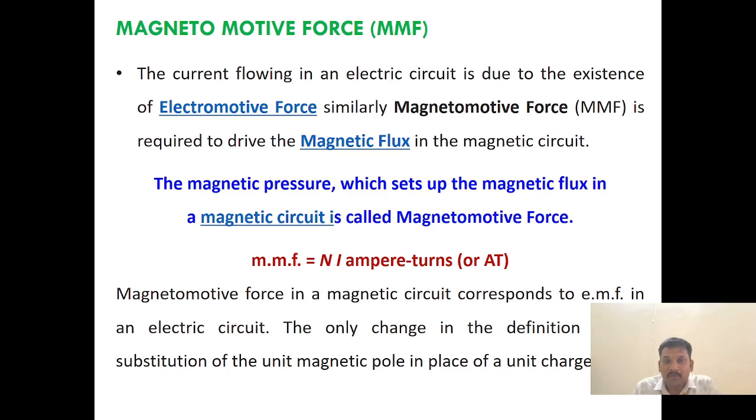And magnetomotive force. This is the force created by the magnetic circuits. The current flowing in an electric circuit is due to the existence of electromotive force. Similarly, MMF is required to drive the magnetic flux in the magnetic circuits.